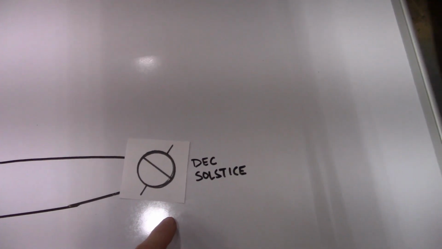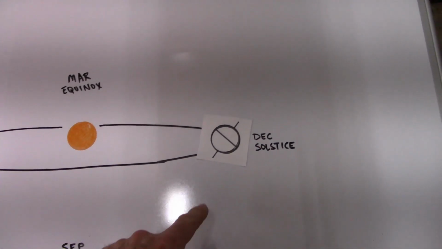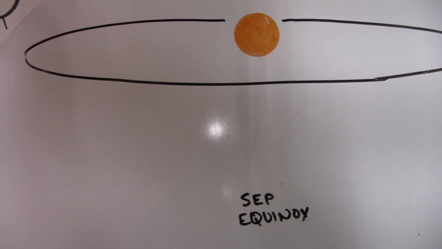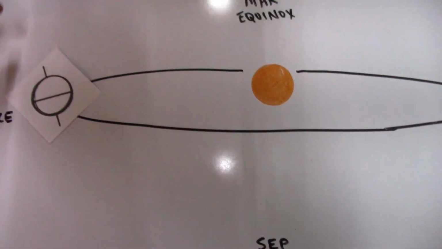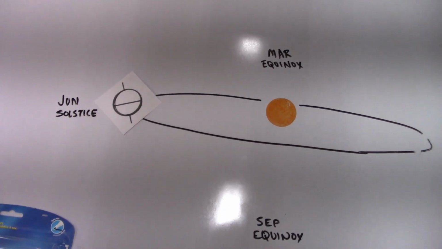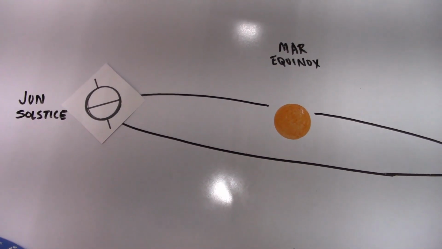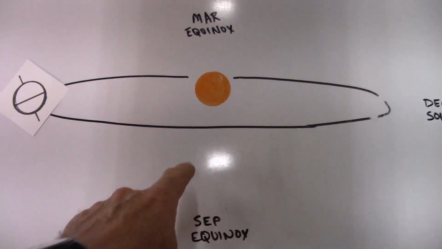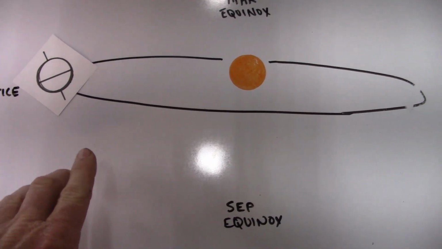But if this thing stayed consistent the way it should be, as I've shown in the model, it'll end up over here like that. It's always going to have the same pole facing the sun in reality.